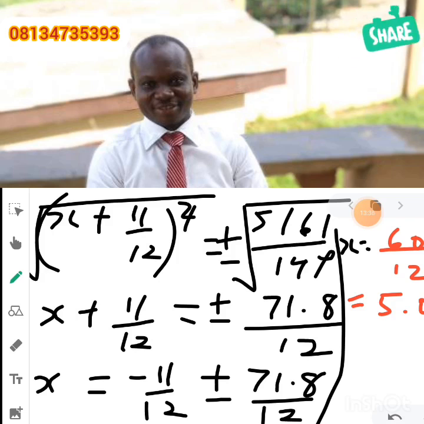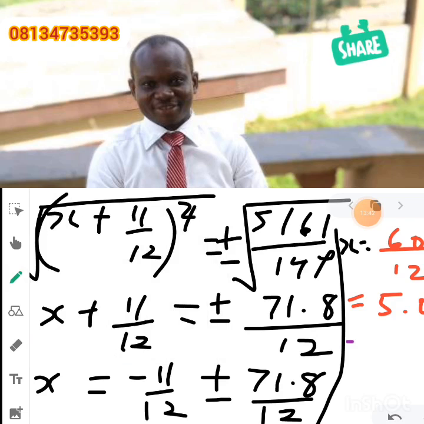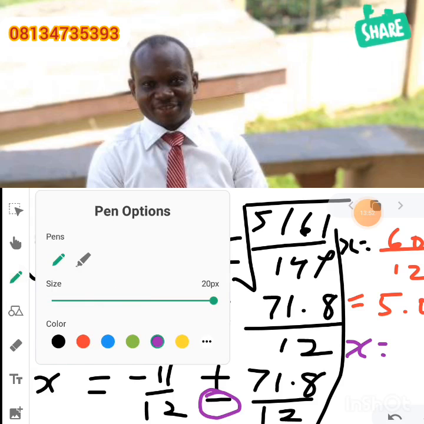Then let's go for the second value of x. Another color, please. So x is also equal to, now we're using the minus. We used the plus for the first one, which was in red.